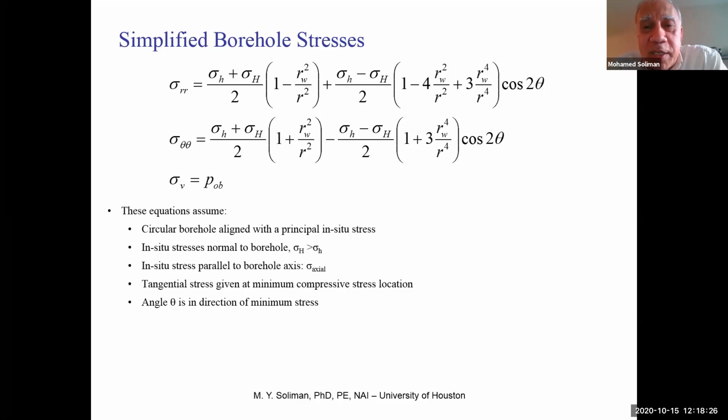What is cosine 180 degrees? I hope you remember it is minus 1. So if I put that in, now multiply that second quantity by minus 1, I will find out at 90 degrees the equation is fairly similar. It is 3 sigma h min minus sigma H max.